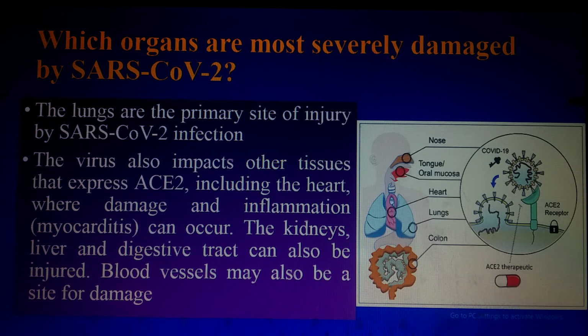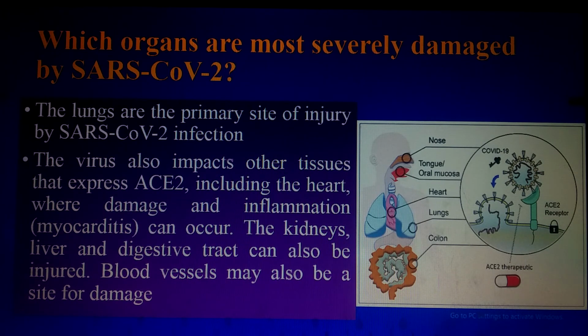So it will be clear to you how it affects and which parts of the body are affected, and what is the reason behind it. ACE2, the angiotensin converting enzyme, and the other transmembrane proteases are present in abundant amounts in the cell membrane, expressed in all these types of cells of all these organs.